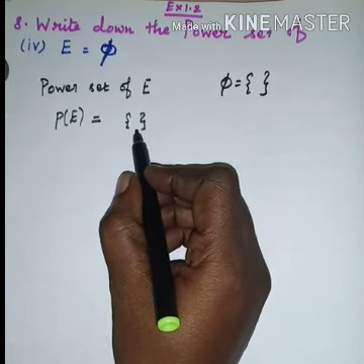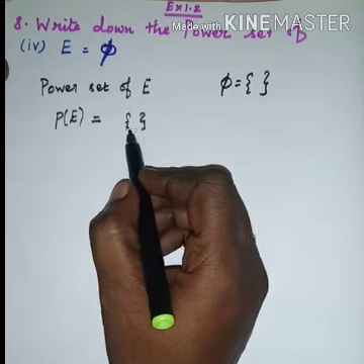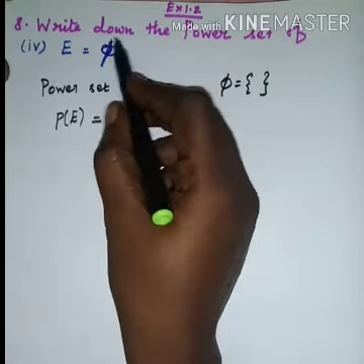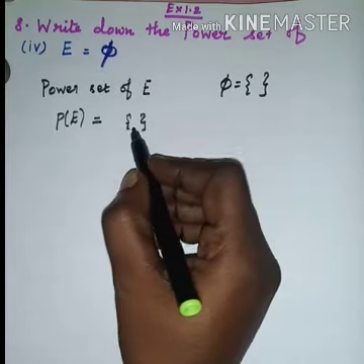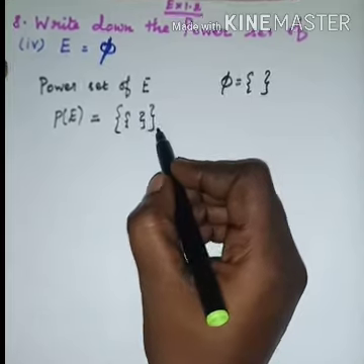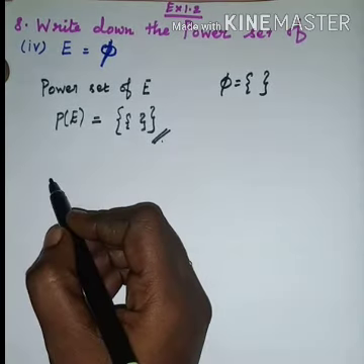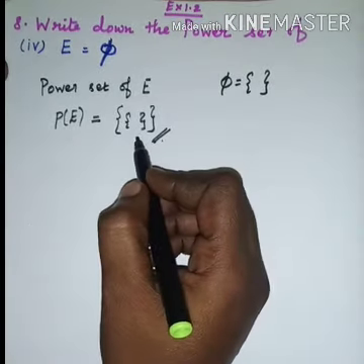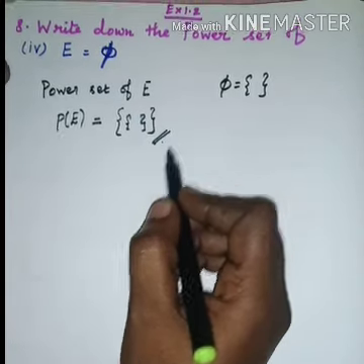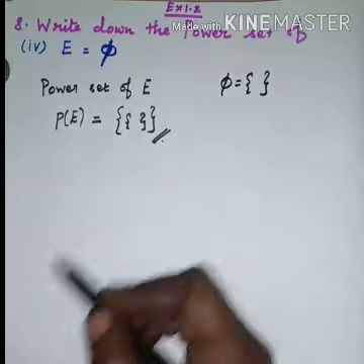Empty set is a subset of all sets. So we write the empty set first, and here there is no element in this set. So this is the only element of the power set of E. P of E is equal to only the null set. This is the answer.